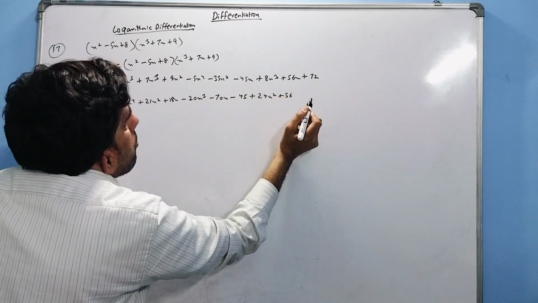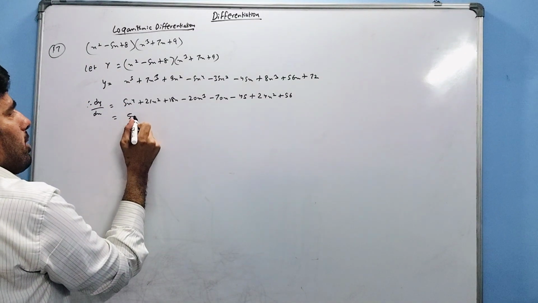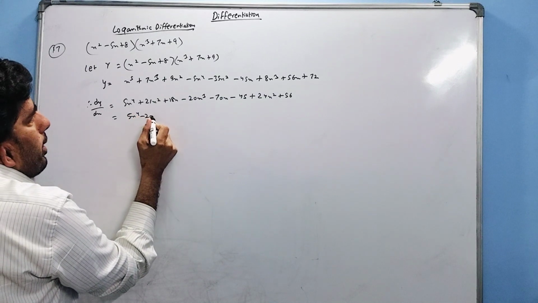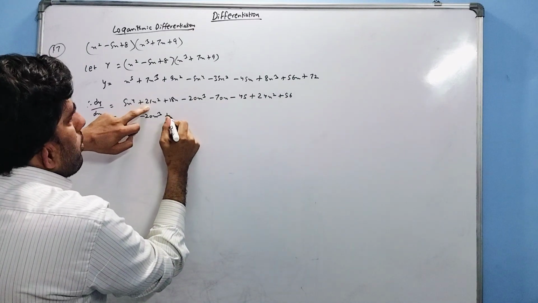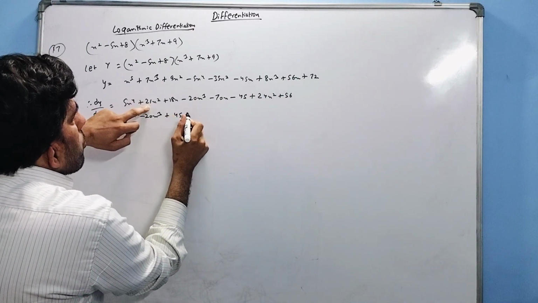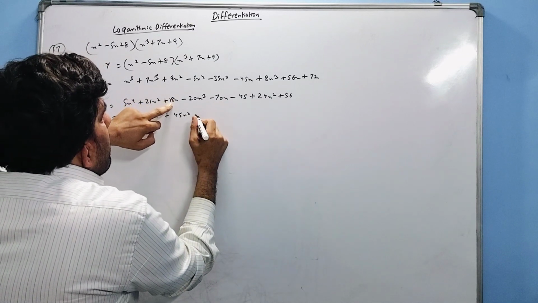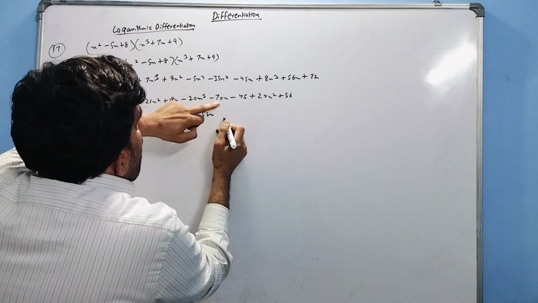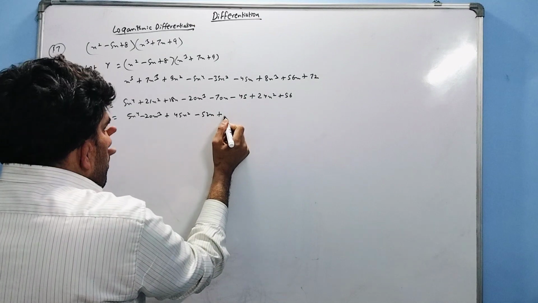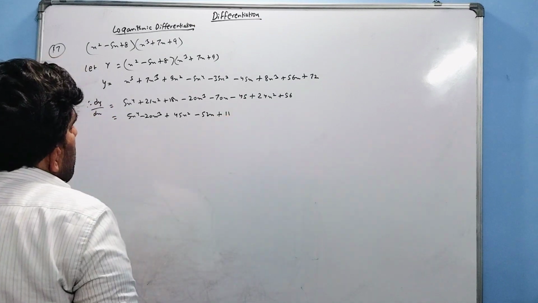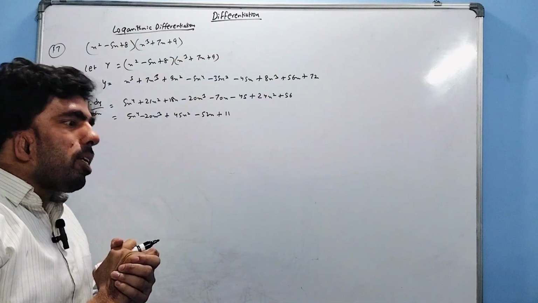Combining terms, we have 5x4 minus 20x cube plus 45x square minus 52x plus 11. Okay, so the first method we have applied here is expanding the product to find its differentiation.